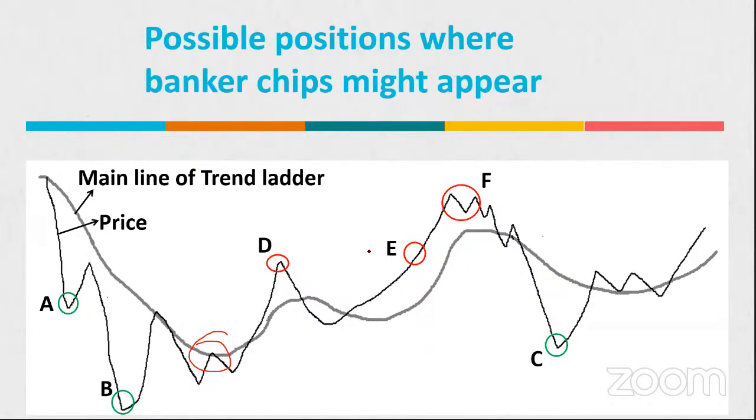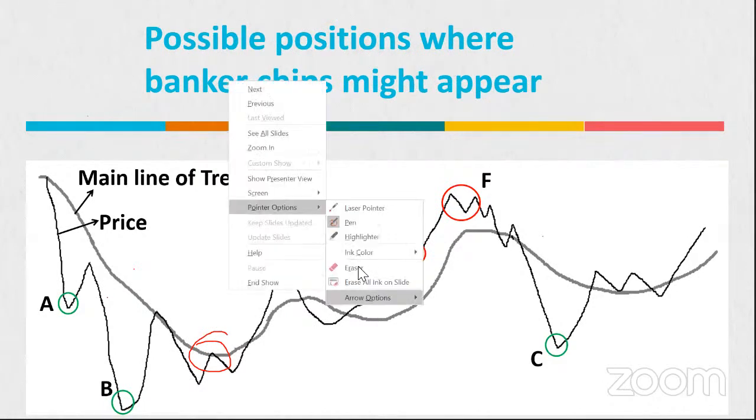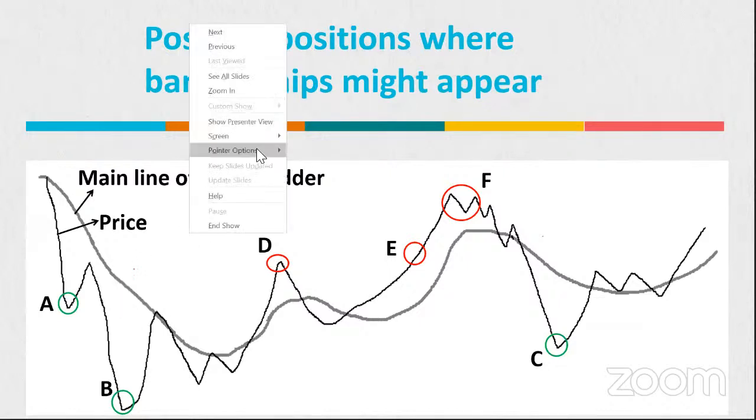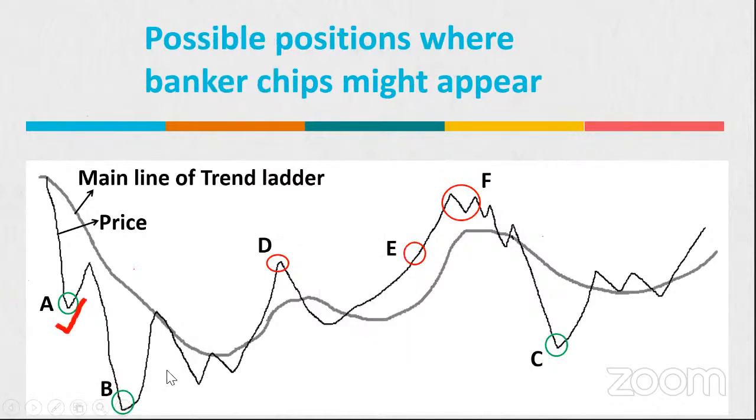And for D, E, F, definitely at these points, bunker chips will not appear. So the right positions where bunker chips might appear would be, let me erase the drawings first, A, B, C. These are the possible positions where bunker chips might appear.